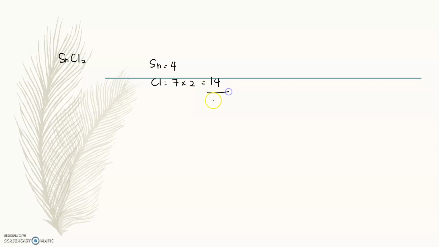So 14 plus 4 altogether is 18 valence electrons. Okay, so tin is the central atom, with the chlorine atoms bonded. There are 4 bonding electrons here, so 14 are left. 1, 2, 3, 4, 5, 6, 7. So 6 non-bonding electrons on each chlorine atom.